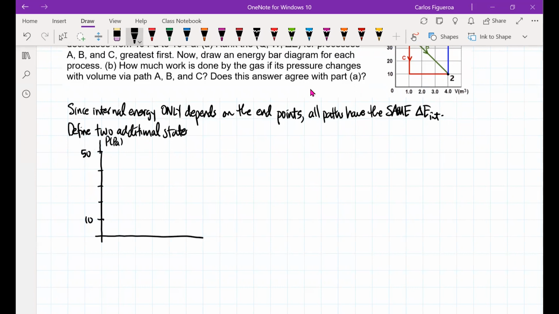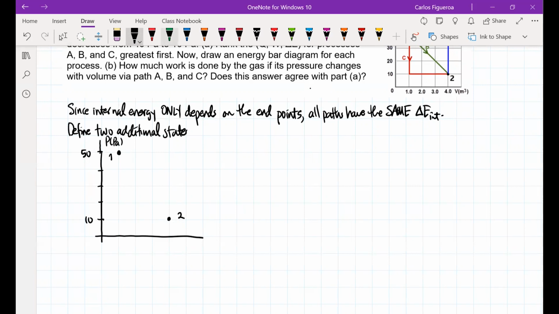And then I'm going to have my volume. So if I call this 0.1, and then my volume goes to, let's say, 1, 2, 3, 4, this right here is 0.2.